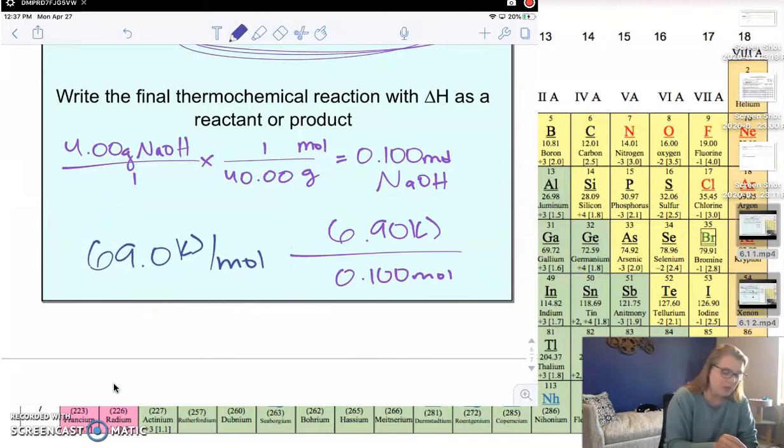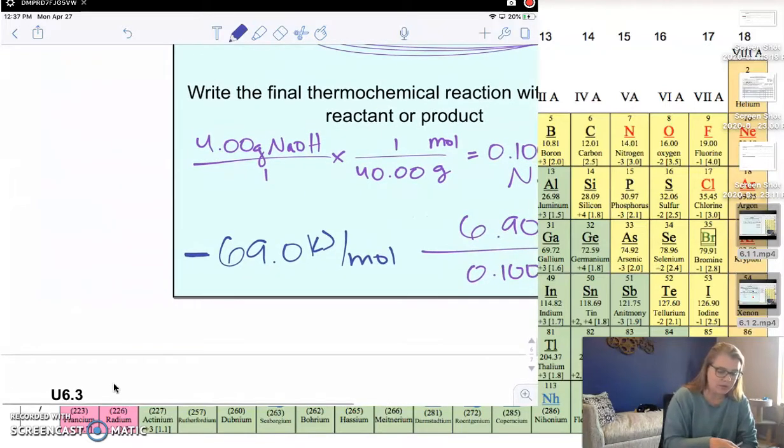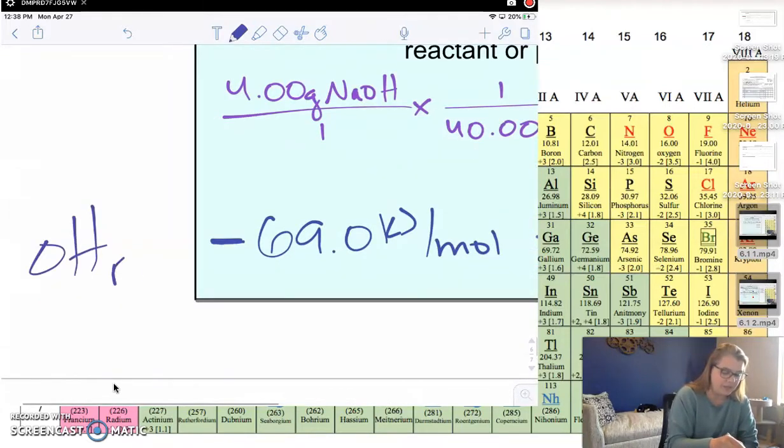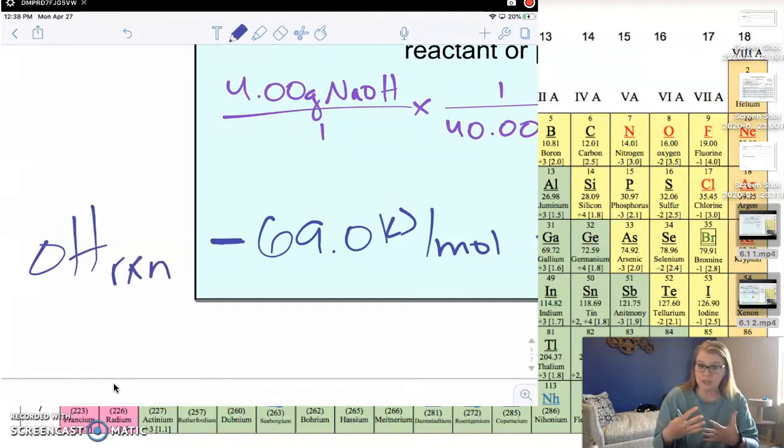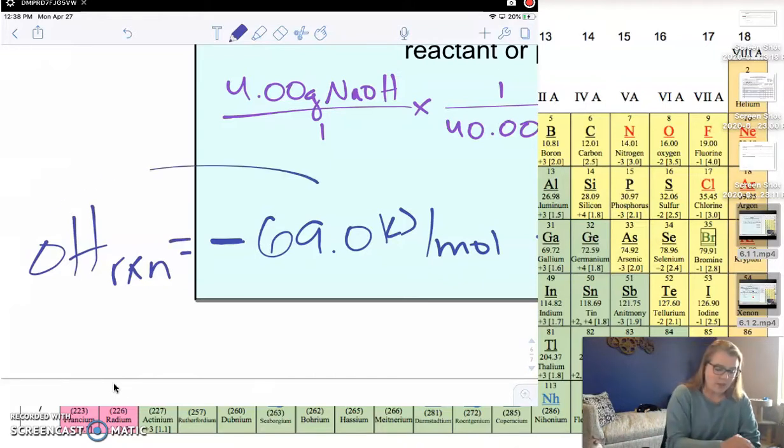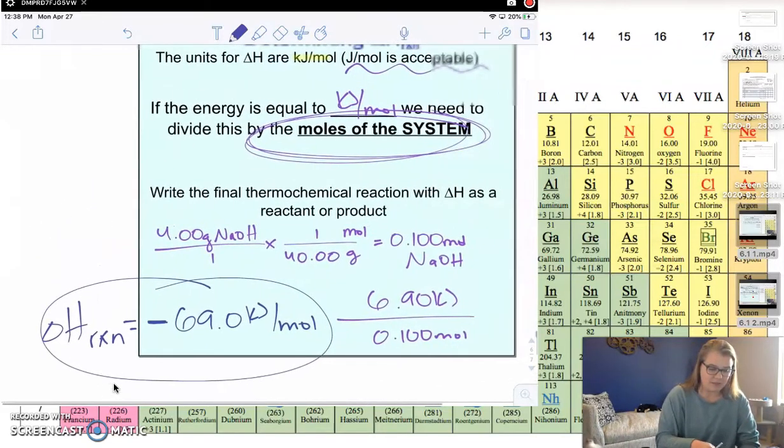The answer was exothermic, so we also need to include our negative sign. My delta H of reaction, how much the energy changed within the system, and remember the system was the sodium hydroxide, energy left the sodium hydroxide. That's why it's exothermic, that's why it's negative, that's why the water got hotter, that's why I'm including a negative in my final answer.